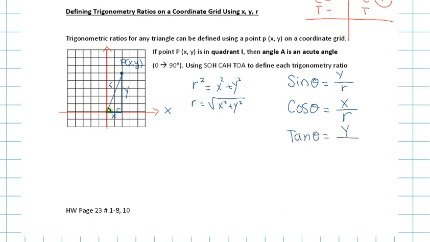Opposite over adjacent, which is y over x. So if you know the coordinates of your point, you can find sine, cosine, and tan of that angle that forms with the x-axis.